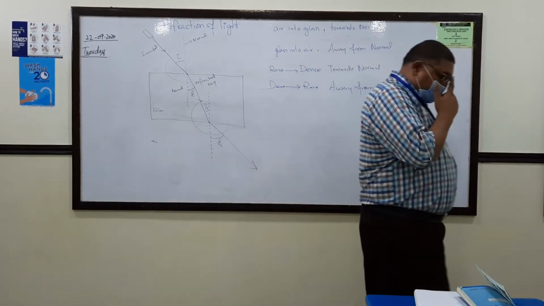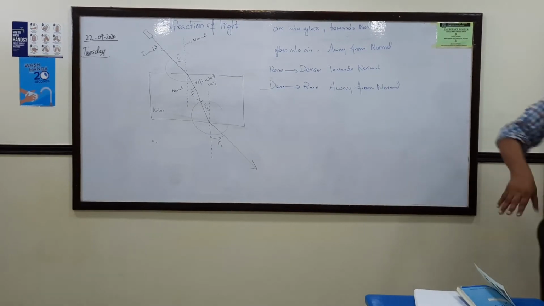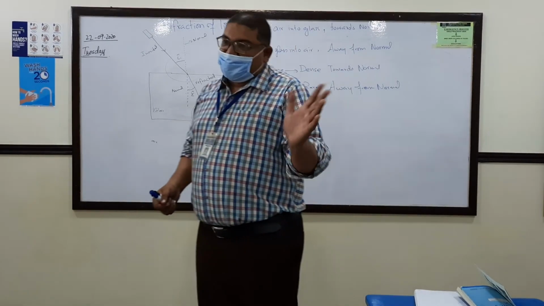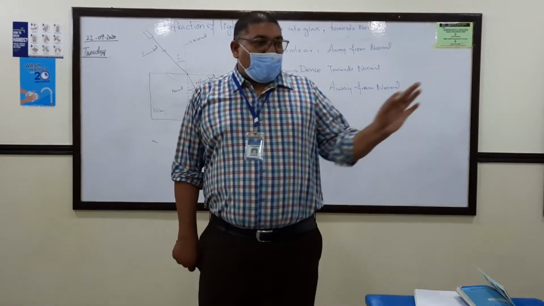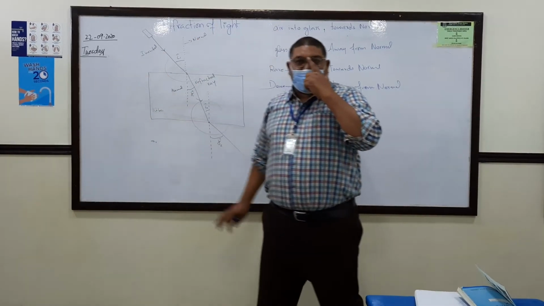So whenever the light enters from one medium into another medium, the path of the light will change. And this is called the refraction of the light. And this is one good example of that thing.